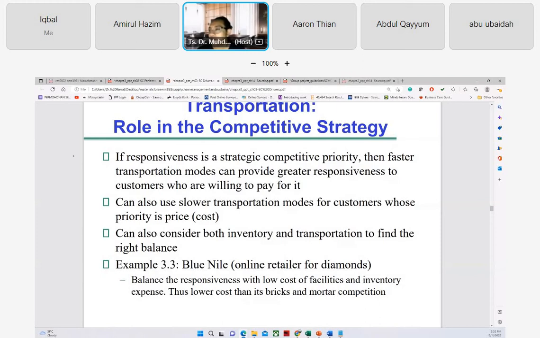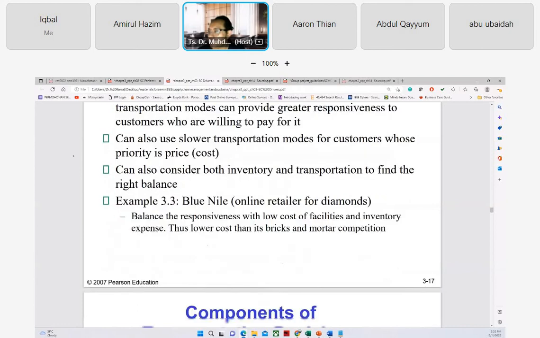So we give them an option to choose, because customers have a right. We cannot just conclude that everyone wants cost-affordable shipping. Sometimes they need a very fast response and they're willing to pay. And then the third example, Blue Nile, you can read in the textbook.